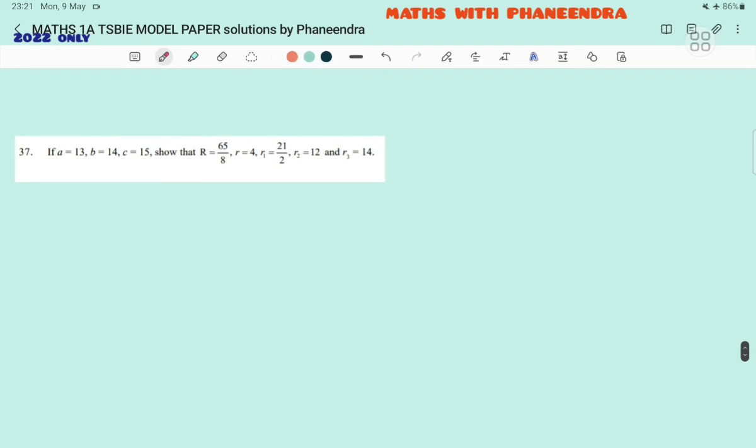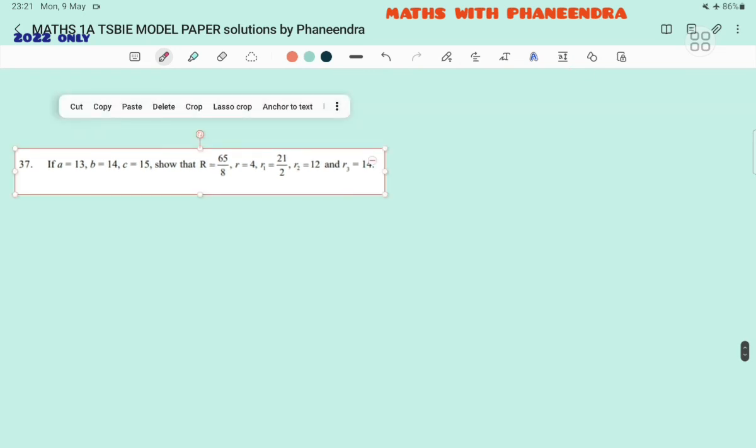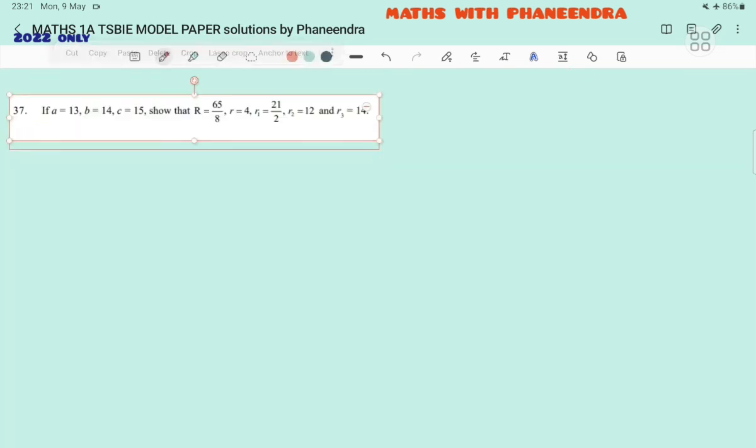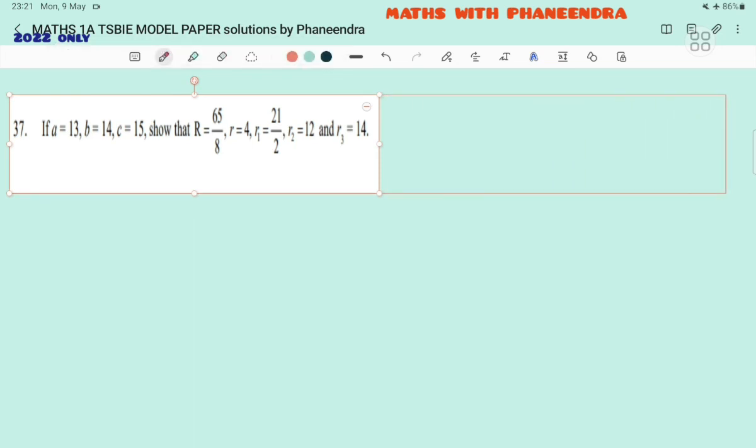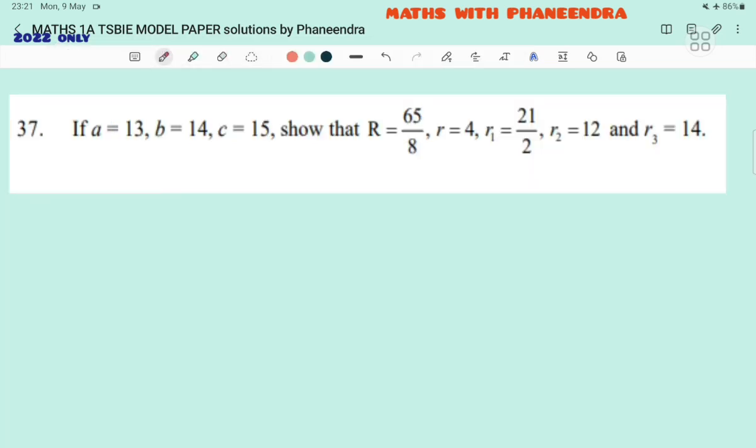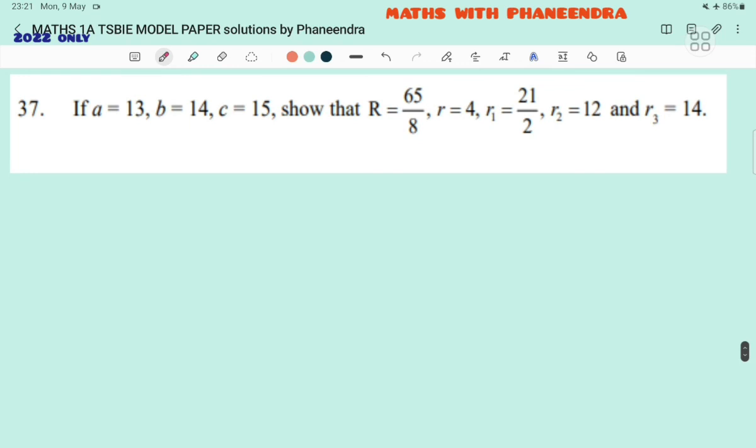The next question and last question in this session. It's a very important question. We expect this type of question in the public examination also. Whenever a, b, c are provided in the question, first we need to calculate the S value.